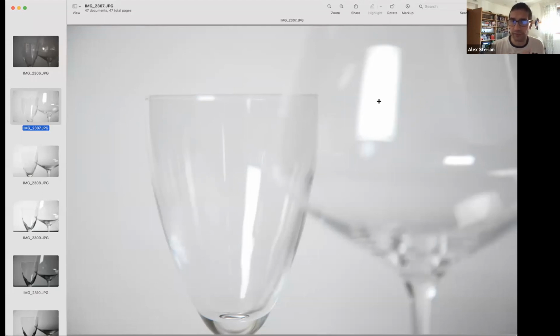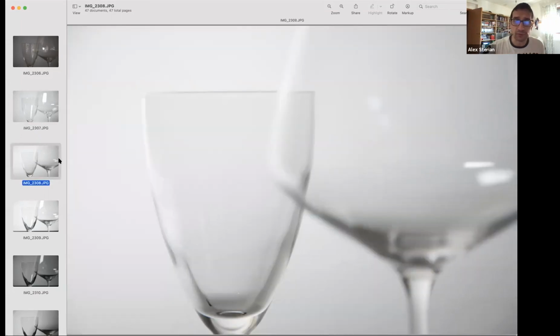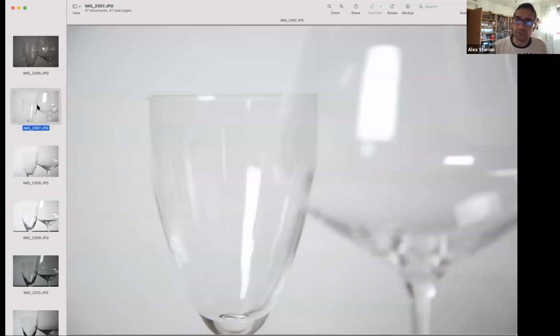Actually, the light source is the softbox. I have it here, so it's not a rectangle, it's a square. The differences between those two, of course, as I told you before, is just how we think to light the transparent objects and how the different approaches change the way those things look.